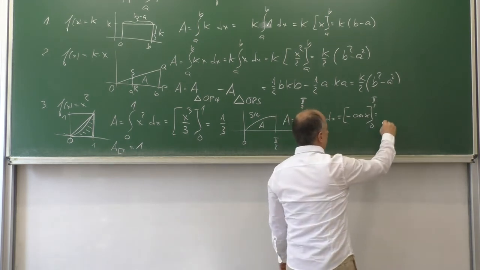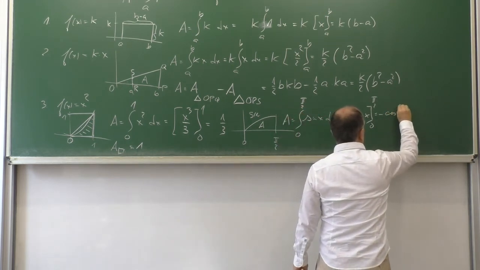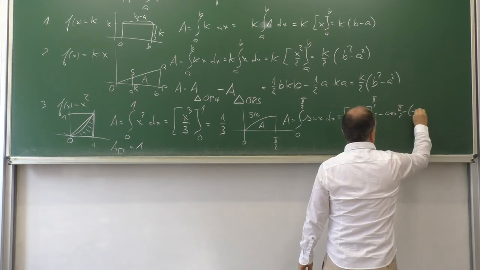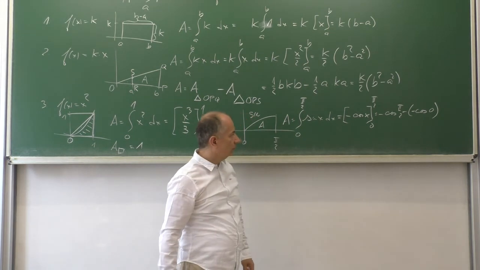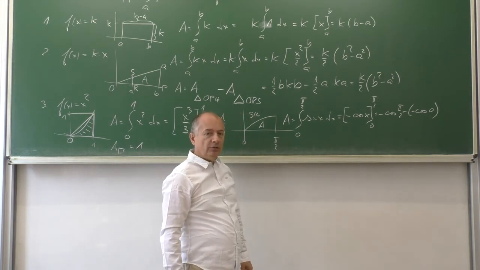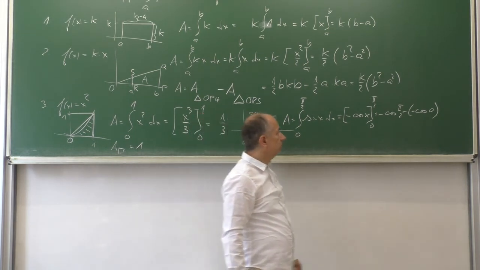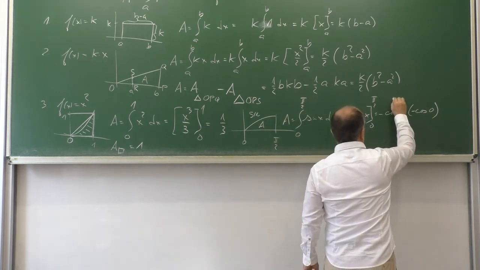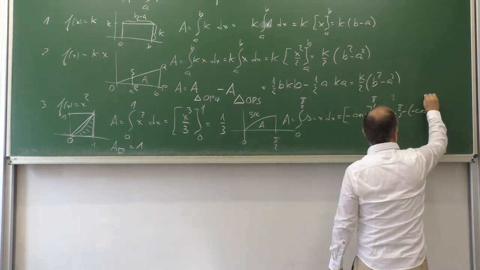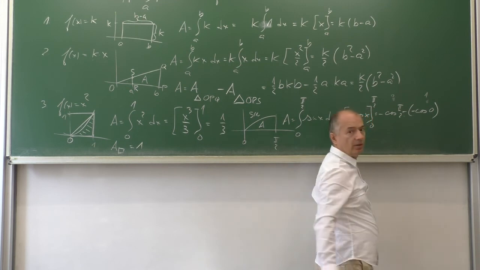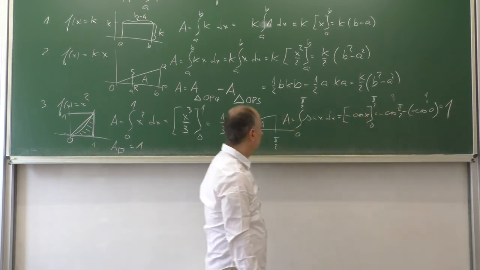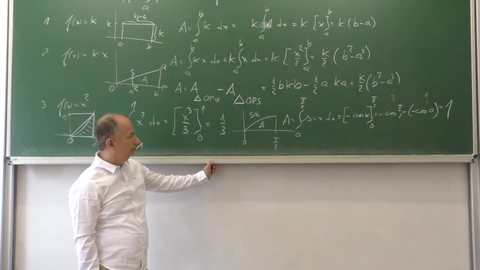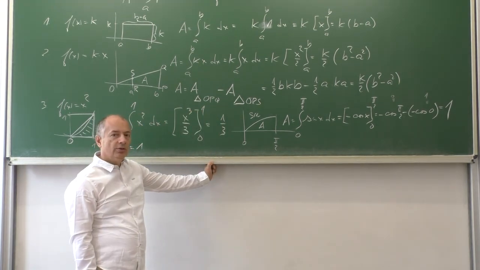So we have minus cosine pi/2 minus minus cosine 0. But cosine of pi/2 is 0. Cosine of 0 is 1. And minus minus gives plus. So the result is 1. Well, this is good to remember.